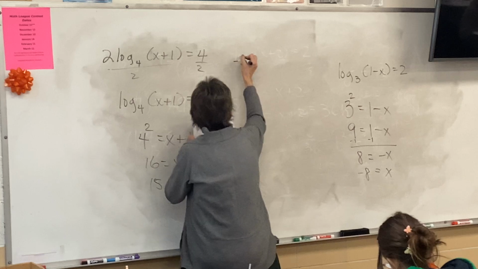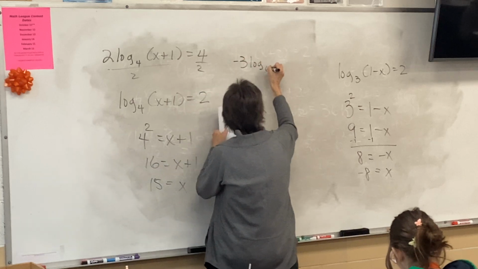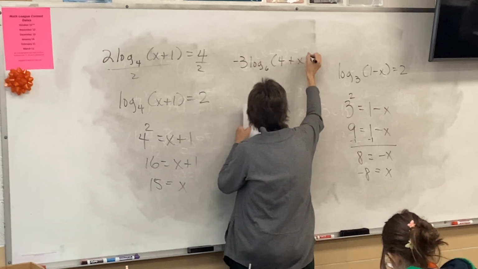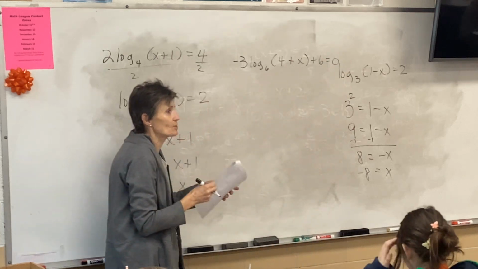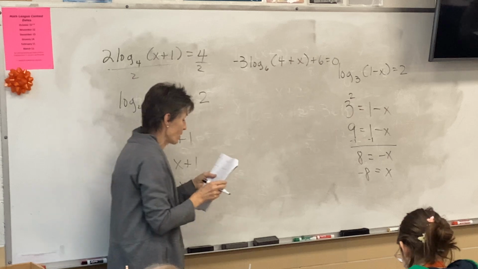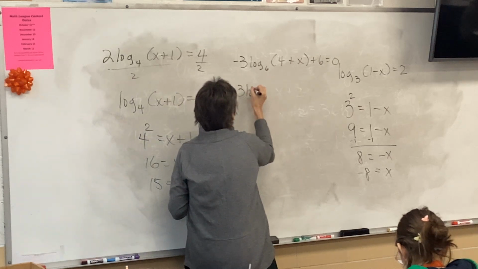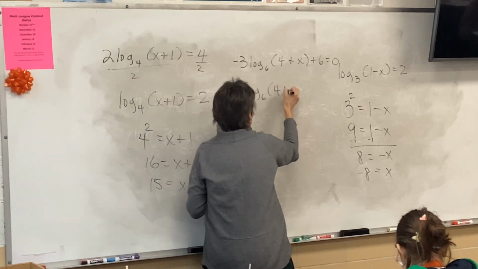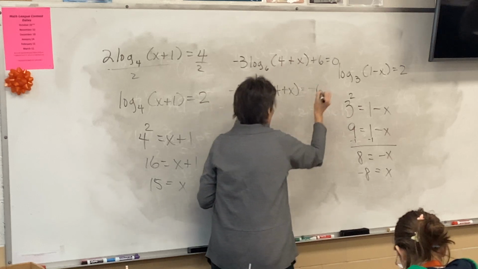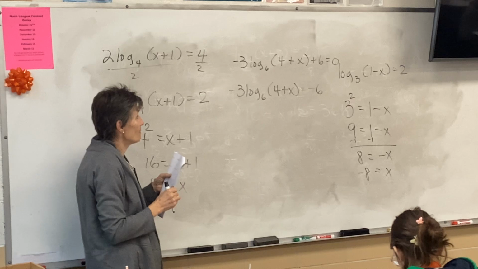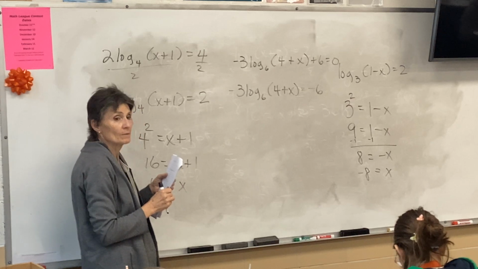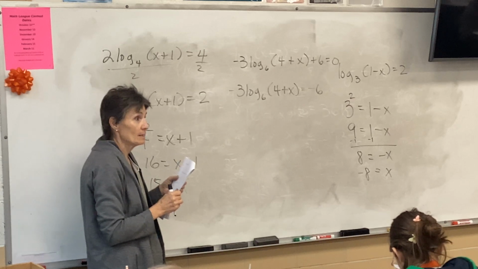One more, it looks harder, but it really isn't. Look at it carefully. What do you think might be a good way to start it? Subtract the 6. Okay. And then what? Divide by -3.